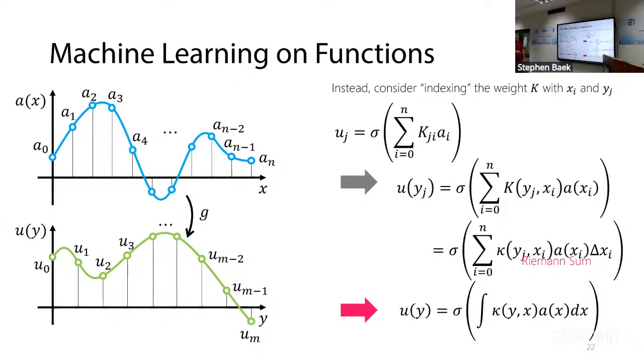I don't know when you learned this in the Indian curriculum, but either in high school or in the first year in college, you learn this relationship that the integral of something is essentially just the infinite sum of it. So in this formulation over here, if we consider this capital K to be the kappa kernel times delta x, then this is essentially the same as the Riemann sum of this integral.